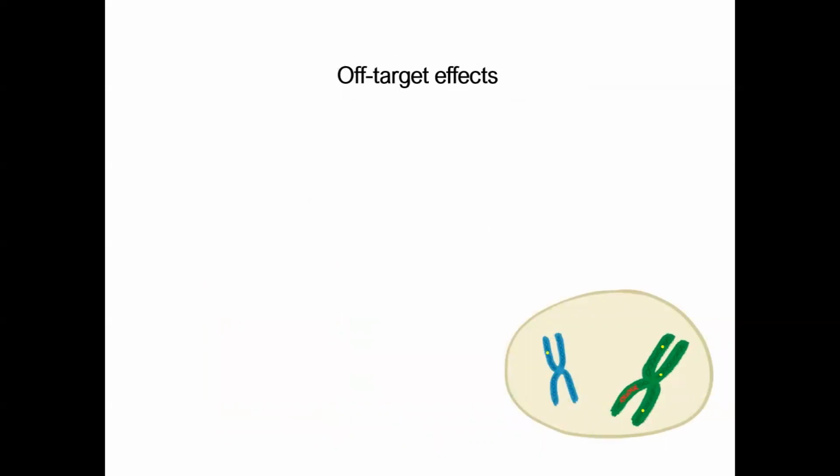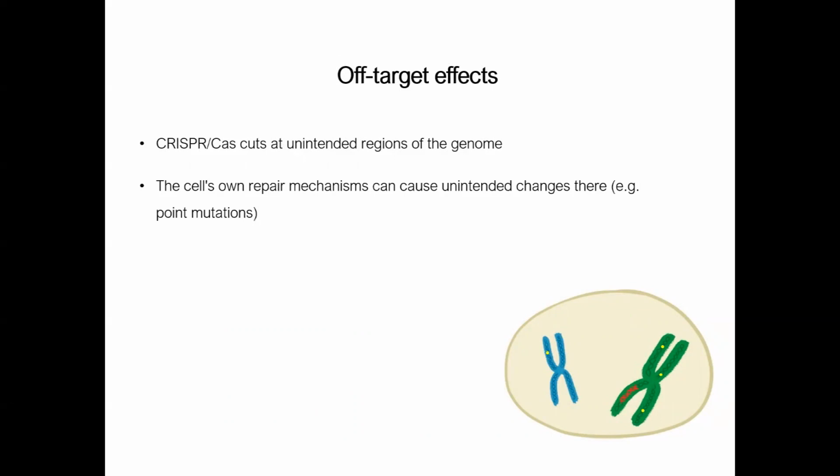Off-target effects have been described in many organisms, including human, animal, and plant cells. Off-target effects can arise when the gene scissors cut at unintended regions of the genome. Often these DNA regions are very similar to the target sequence, and the gene scissors confuse the off-target sites with the actual target sequence. The cuts at the off-target regions activate the cell's own repair mechanisms and can cause unintended changes such as point mutations there.